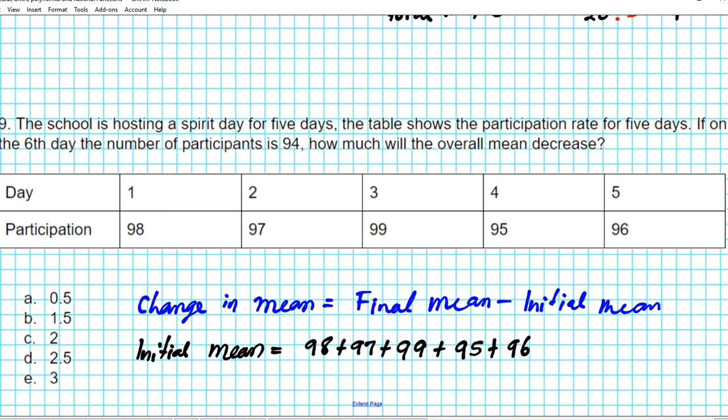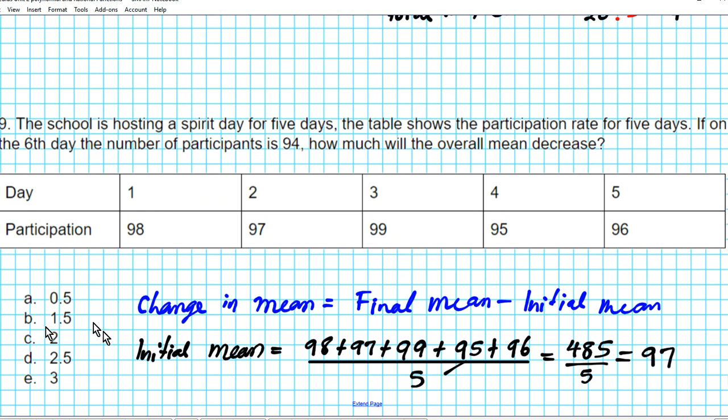That divided by the number of numbers we have, which is 5. If we add it all up, we'll end up with 485. If we divide that by 5, that will give us our initial mean, which is 97.